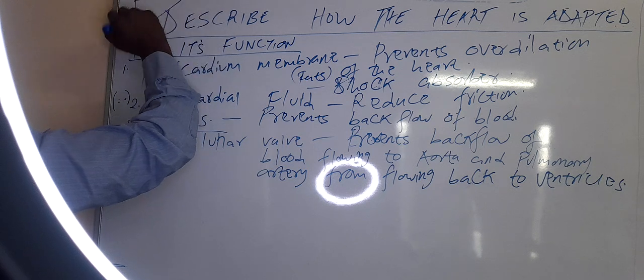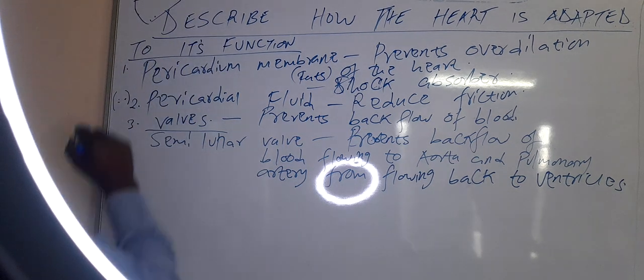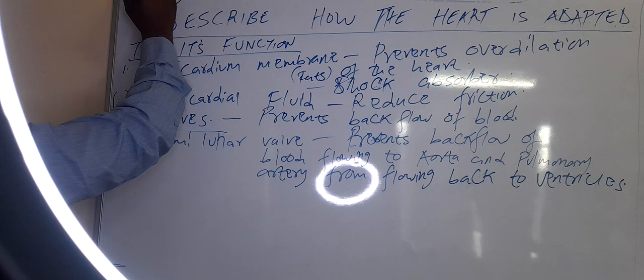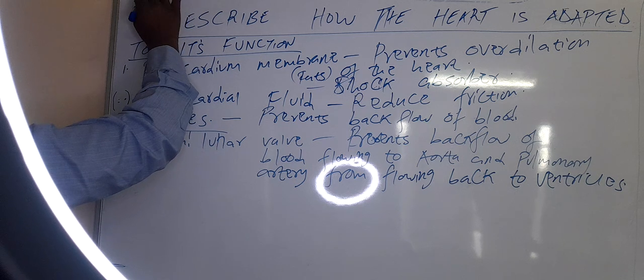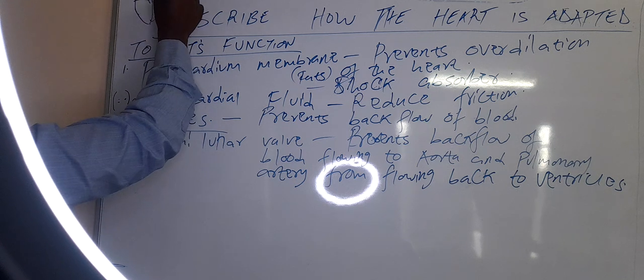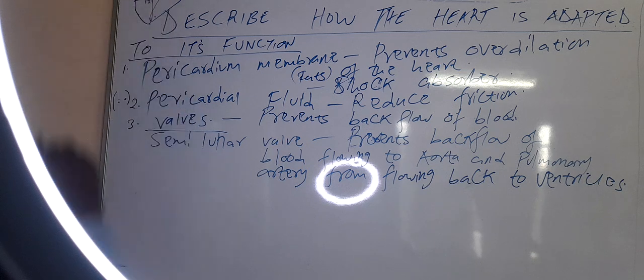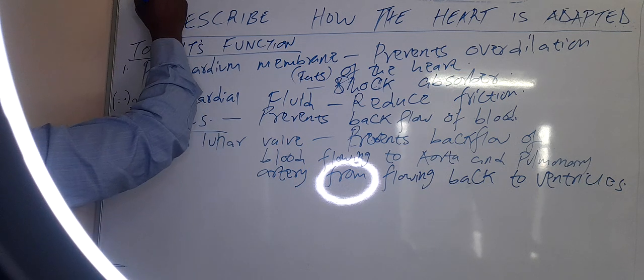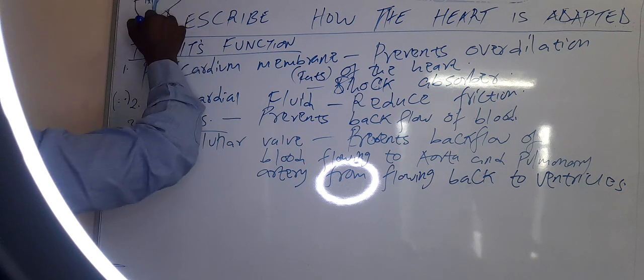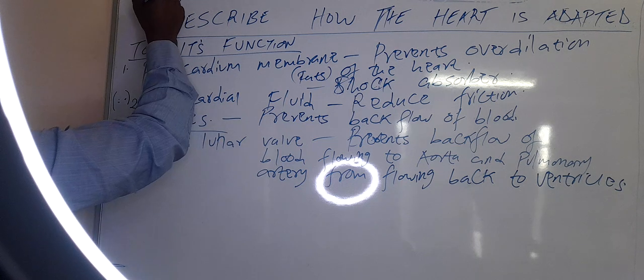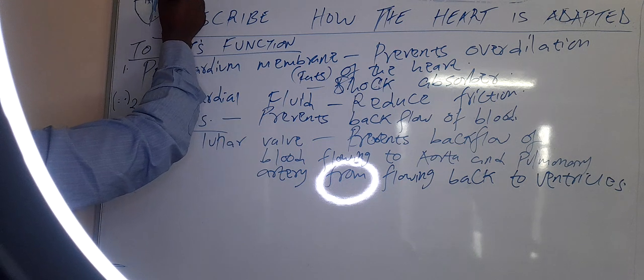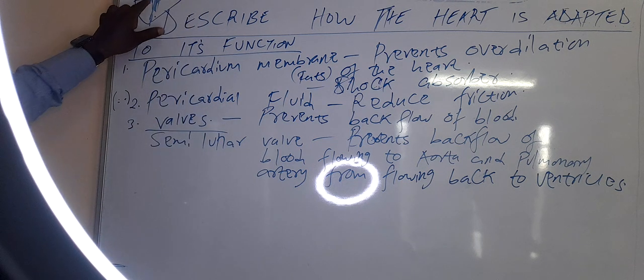This section will be divided into two, and we'll be having a valve at this point. So we have a septum here, this is our septum. Then we will have another valve here, and a valve here.